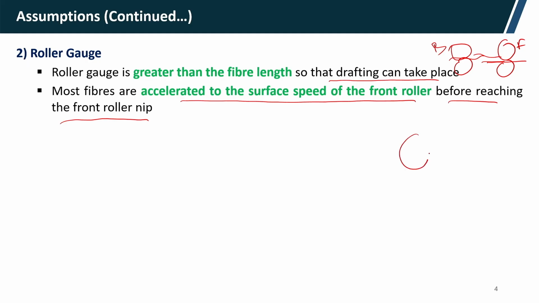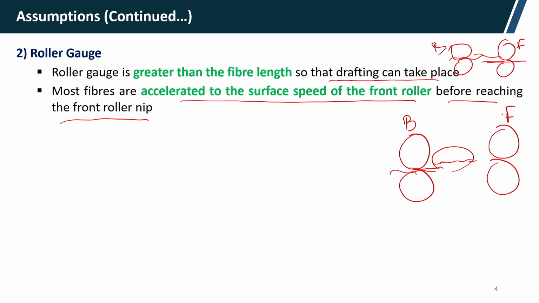Here this is the back roller and this is the front roller. Now, this is a fiber, so there will be a floating fiber. What we discussed earlier is that a floating fiber will take either the back roller speed or the front roller speed, depending on the contact.